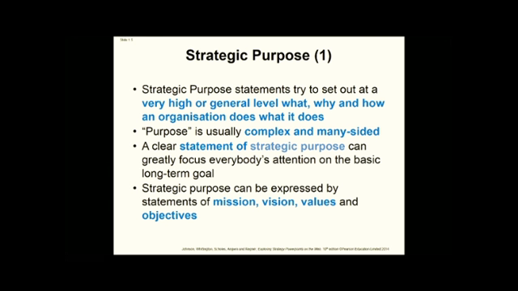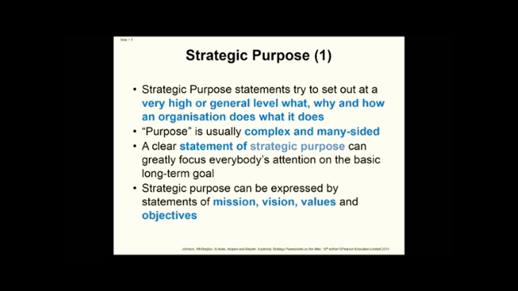A strategic purpose statement is really at a very general level. It's a very high level statement. It's not something you can directly go and do something about, but it's a very broad, very high level statement. It's often complex and with many aspects to it.